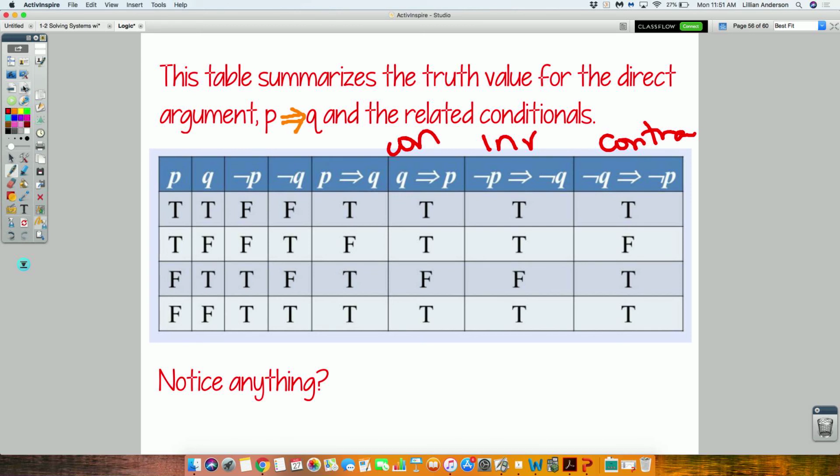Yes. Okay? The converse and the inverse are always equivalent, and the original argument and the contrapositive are always equivalent.